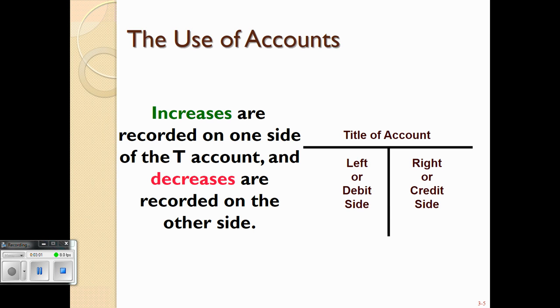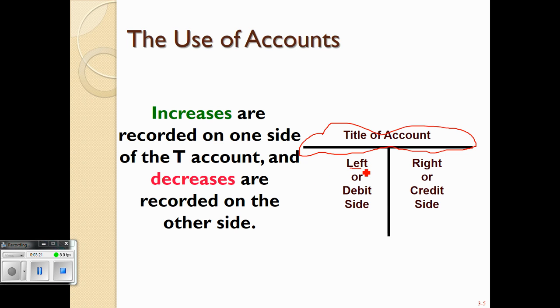What we're going to do is put this in what we call a T account. For those of you that will have me at some point in macro, we're going to use these T accounts when we take a look at the Federal Reserve. It's going to have the title of the account, cash, accounts receivable, whatever.